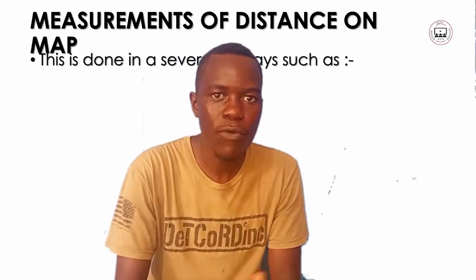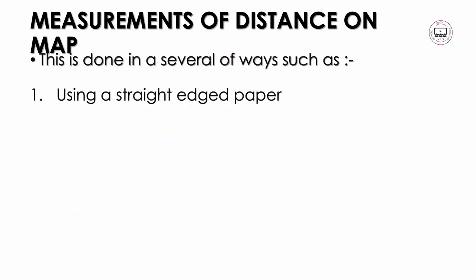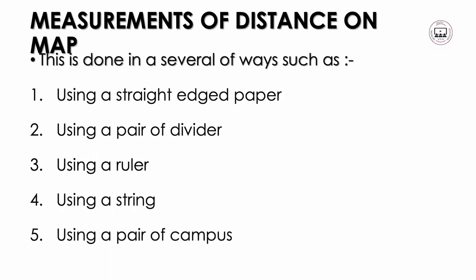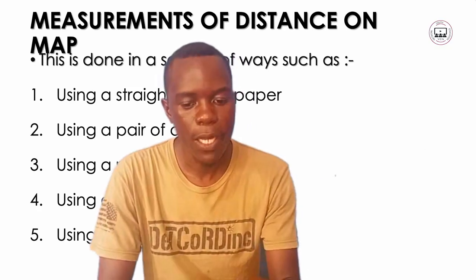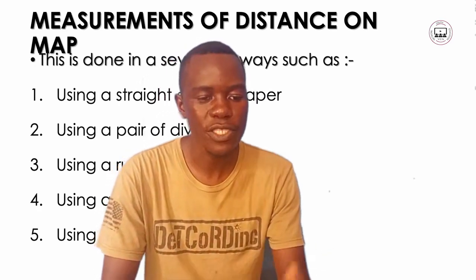Some of them include: one, you can use a straight-edged paper. The other one is you can use a pair of dividers. You can also use a ruler, a string, or a pair of compasses.